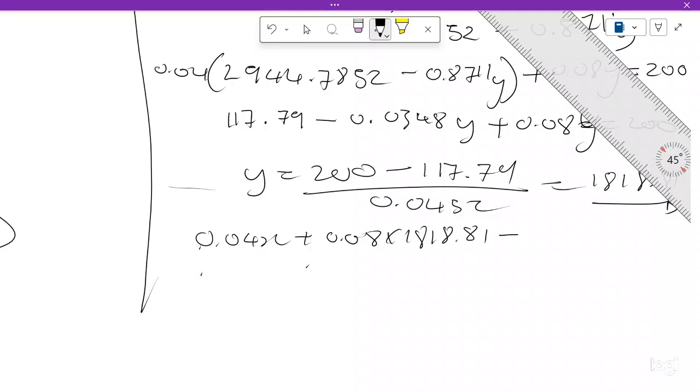So 0.08 multiplied by 2250 goes down to 180. Therefore 200 minus that is 20, over 0.04, which goes up. 20 divided by 0.04 is 500.